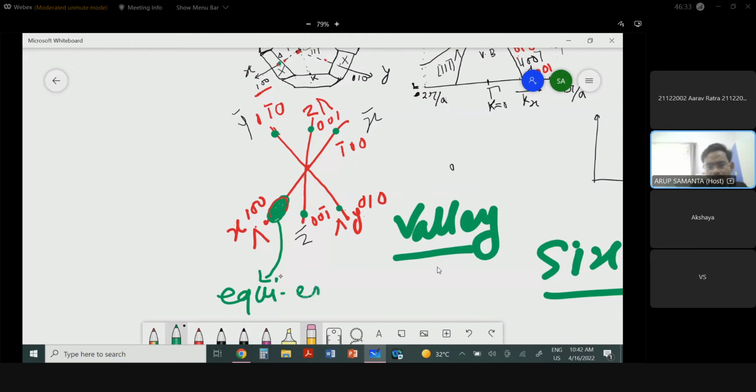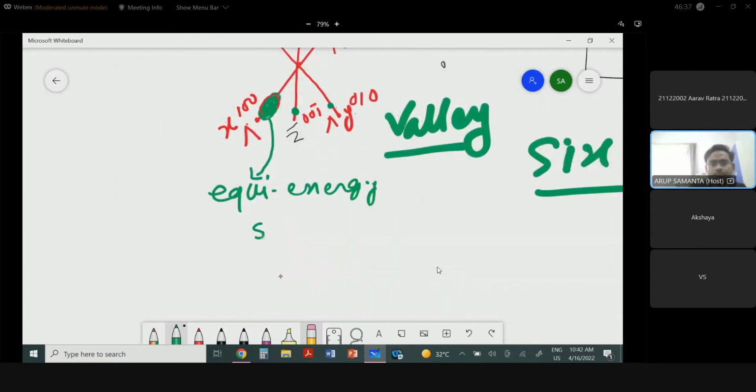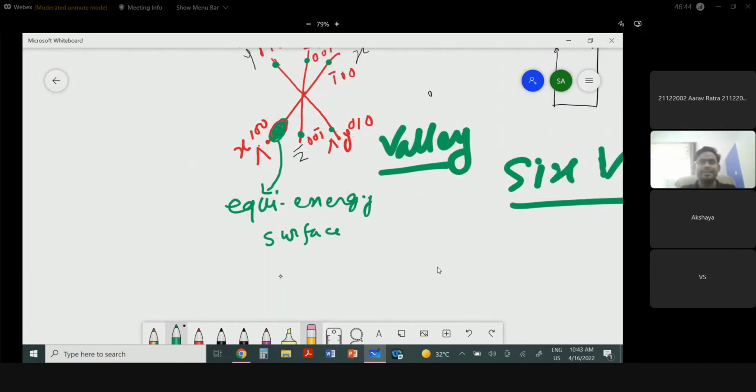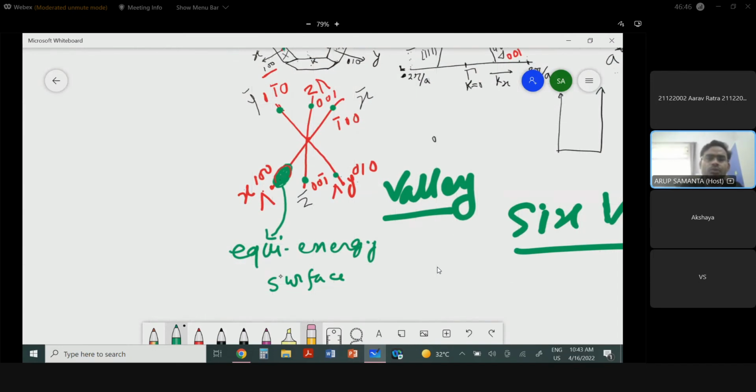Equi-energy surface. So in all directions, the six valleys have this rugby ball surface, which is an ellipsoidal surface.